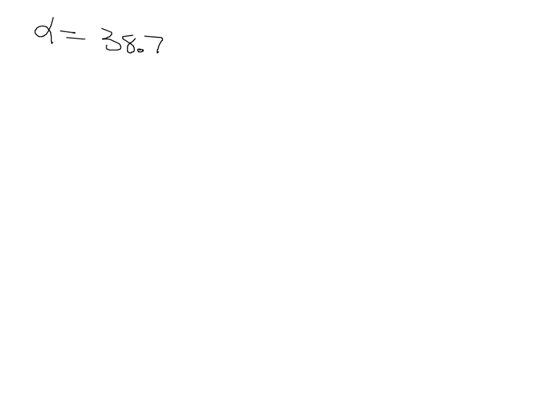Okay, so my first choice. If alpha is equal to 38.7, then gamma is going to be 180 minus 30 minus 38.7. And I'm going to have to use my calculator. 180 minus 30 minus 38.7.